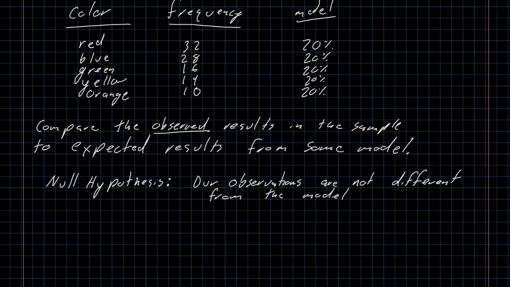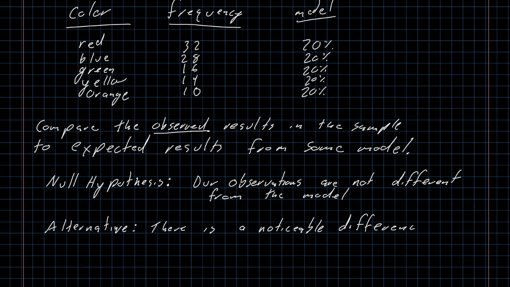The null hypothesis here is the claim that our observations are not different from the model, and the alternative hypothesis is that there is a noticeable difference from our model.